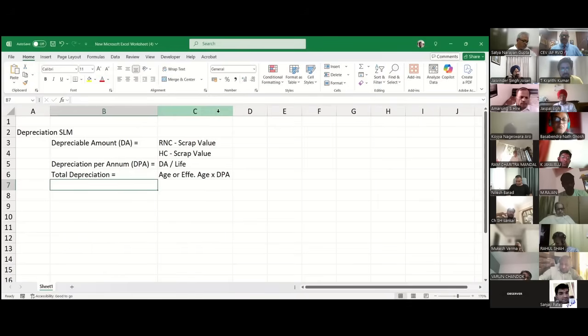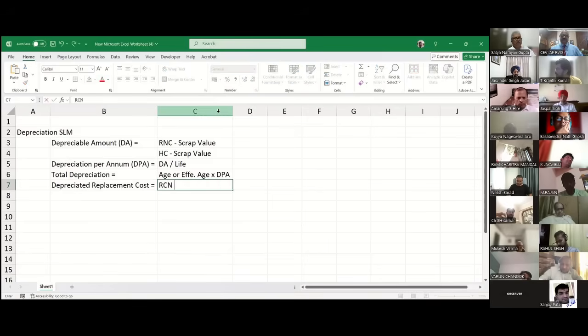And DRC, depreciated replacement cost, is equal to replacement cost new minus total or accumulated depreciation.